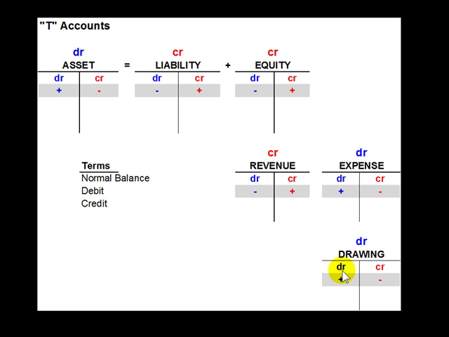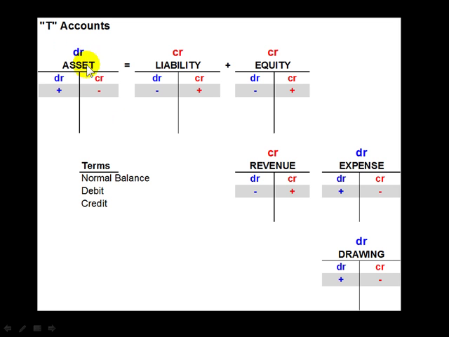These are your basic T accounts, and as you can see, here's our accounting equation, and hopefully you remember the accounting equation of assets equal liabilities plus owner's equity. And your basic T account is set up the same way no matter what type of account it is. But we're going to spend a few minutes talking about what the difference is between the types of accounts. So an asset is a debit account.